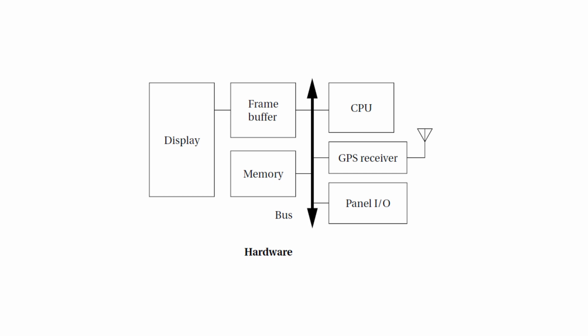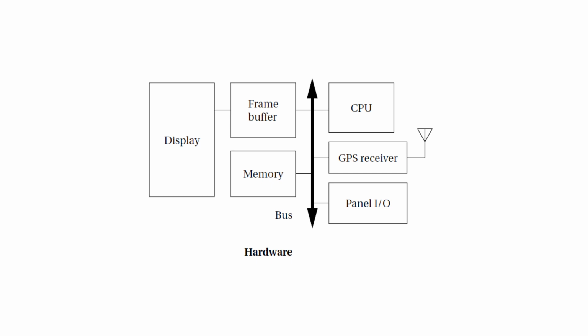After designing the block diagram, we have to separate the components, which are going to be hardware and which are going to be software. Based on the hardware part and software part, we can work out the component cost or product cost. Some of the hardware components of your GPS system are, of course, the GPS receiver, then panel input output, processor, memory, frame buffer, and display unit.